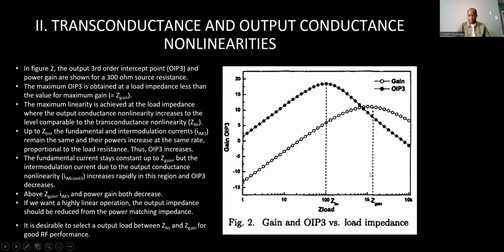Above Z gain, IM3 and power gain both decrease. If you want a highly linear operation, the output impedance should be reduced from the power maximum impedance. It is desired to select an output load between ZLN and Z gain for good RF performance.